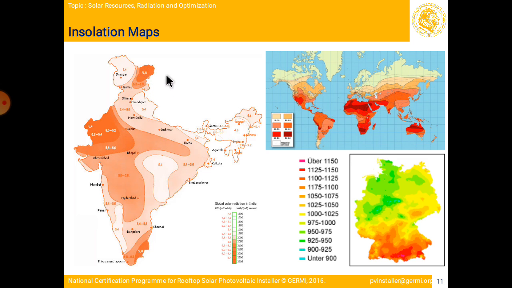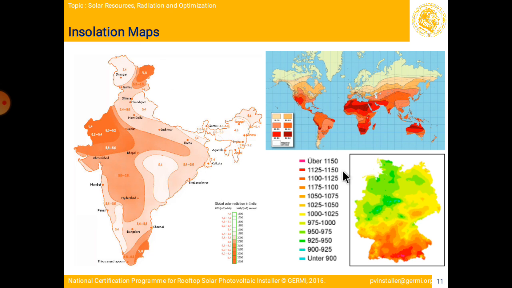So yes, we are going to use this irradiation for maximum power generation for the country's growth. This map shows the insolation which is available in our country.